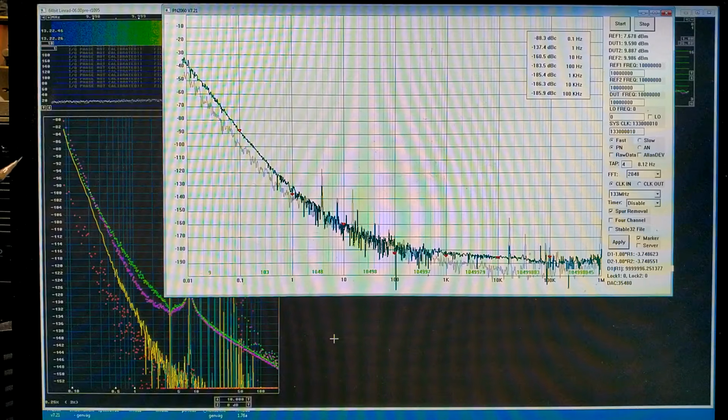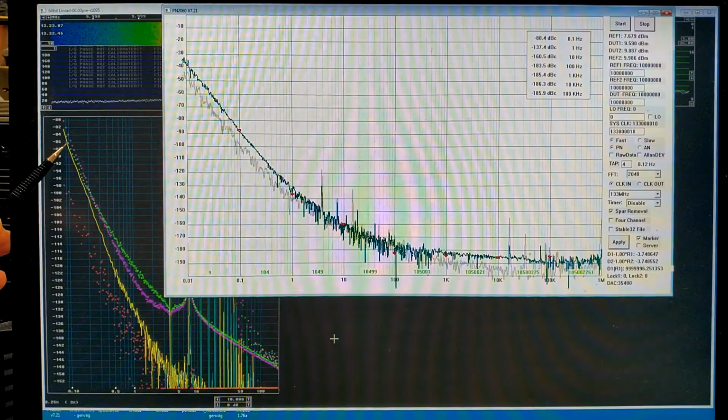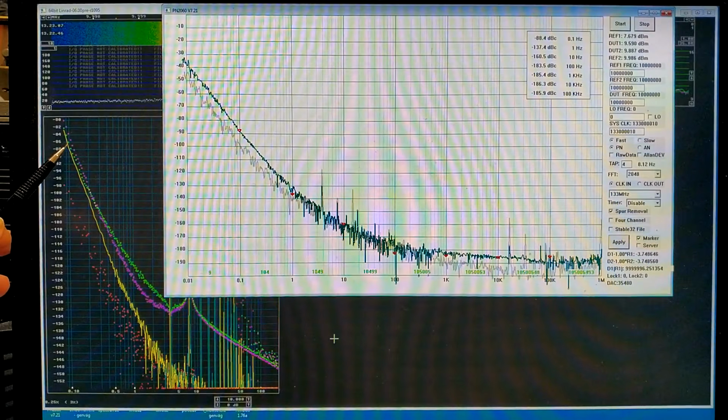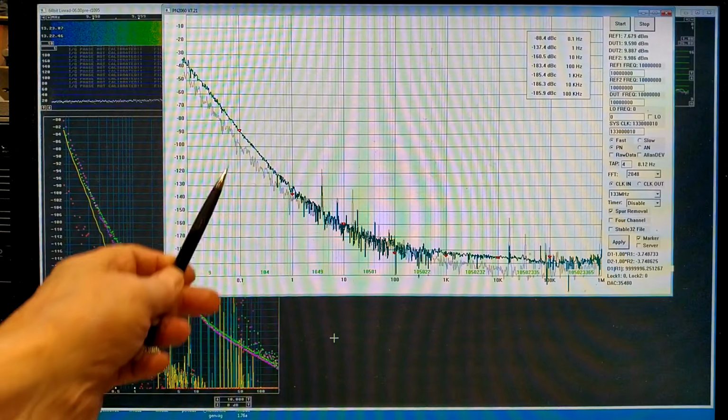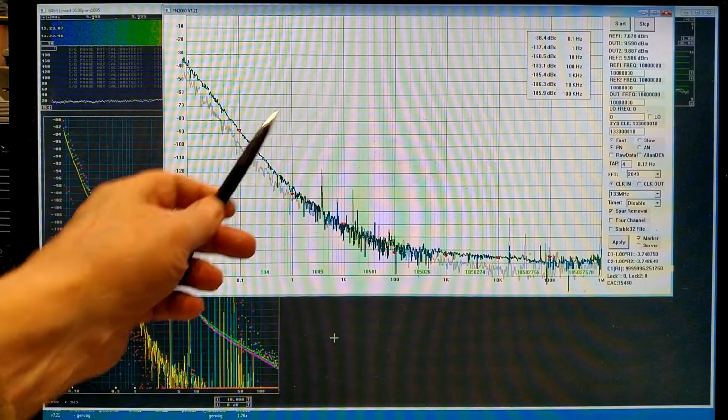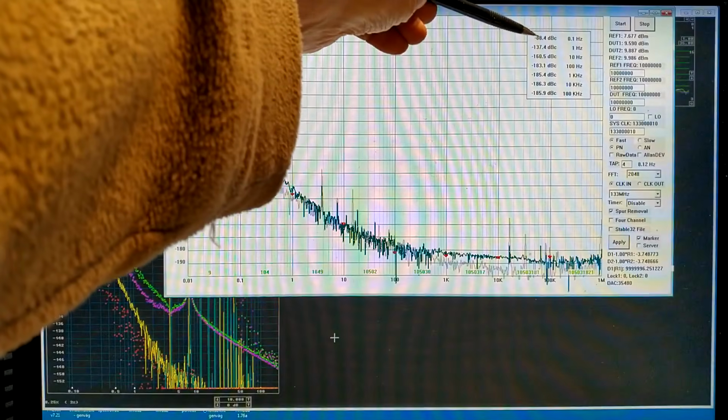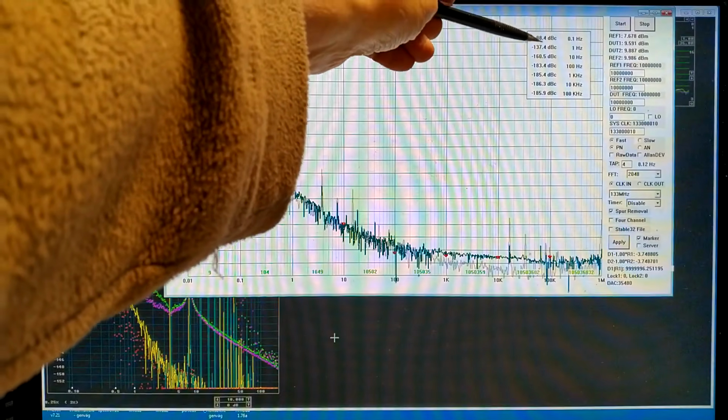At 0.1 Hertz, that is here, I can read -88, and 0.1 Hertz -88, and it says -88.4 up here.